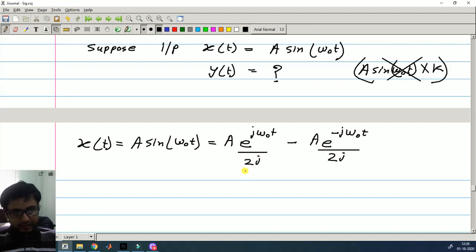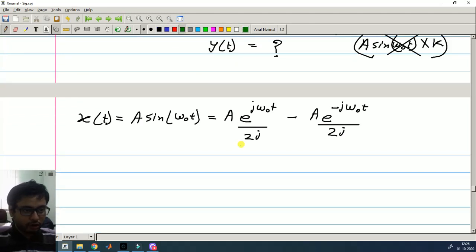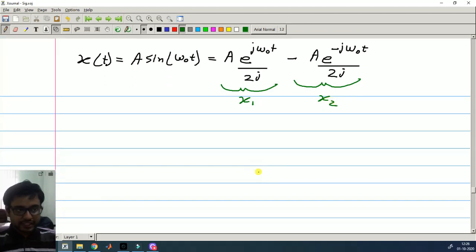Okay, then let me call this x1, this x2. Then what will be the output y1 corresponding to the input x1?